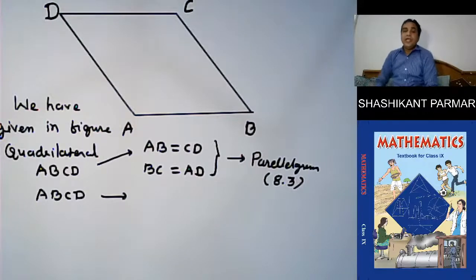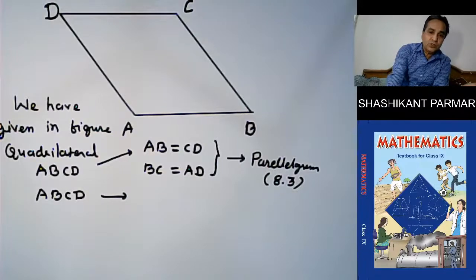If each pair of opposite sides of a quadrilateral is equal, then it is a parallelogram. So this is theorem number 8.3.